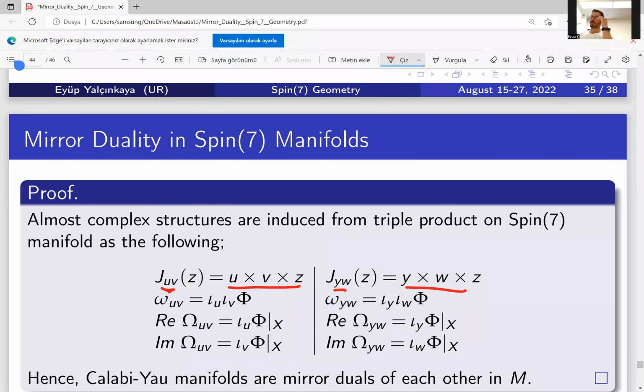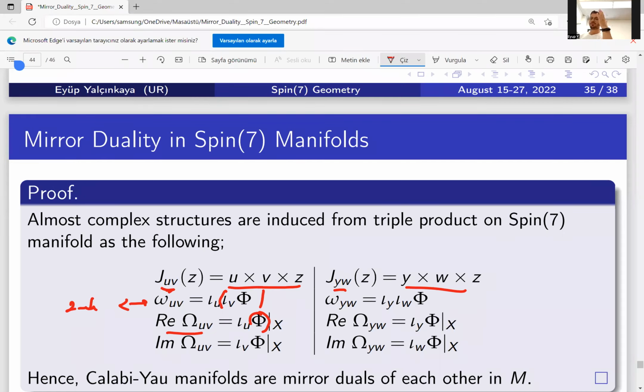I_V phi is a 3-form, and I_U reduces the 3-form to a 2-form. This 2-form can be seen as the symplectic form, and the real part of omega can be seen as the 4-form.